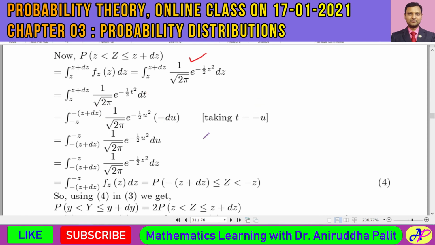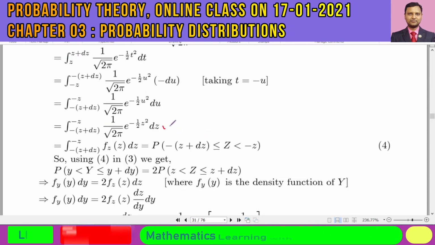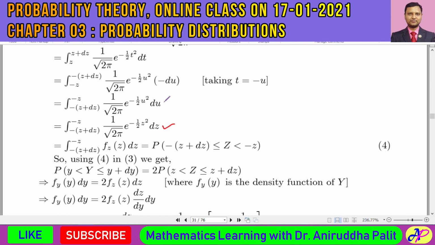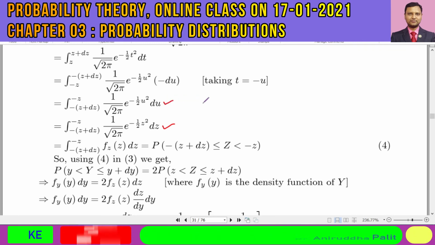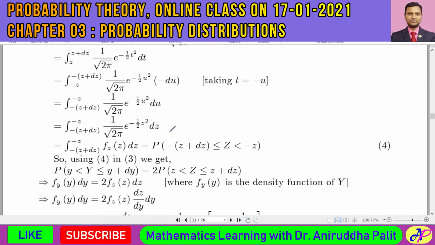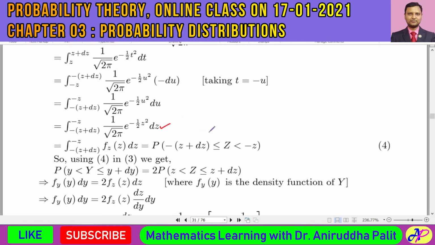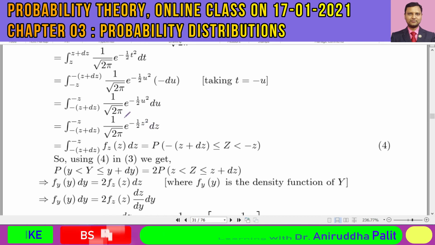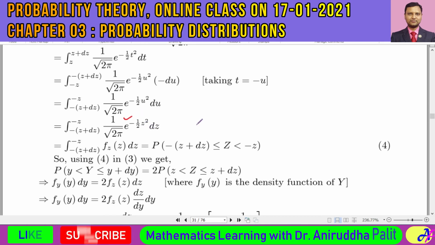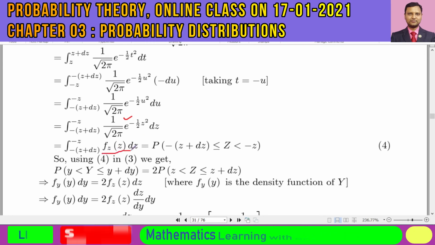Got it? And afterwards we would have this kind of result. You see, this is a definite integral, therefore this integral in terms of u can be again rewritten as an integral in terms of any other real variable z. And what is this? This is actually the density function of the variable Z, that is actually f_Z(z).